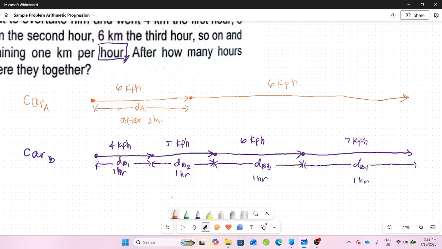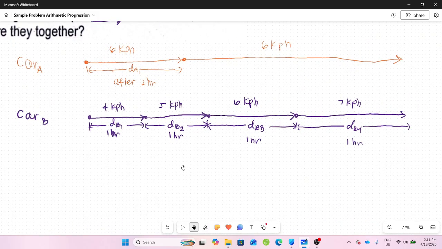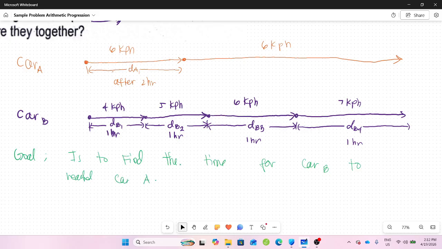Our goal here is to find the time for car B to reach car A. How long will it take for car B to reach car A?